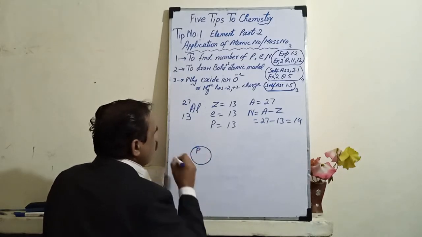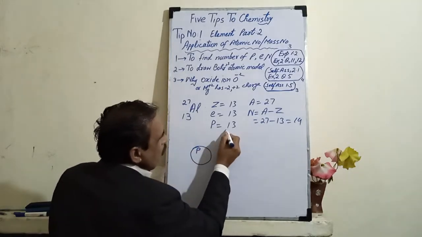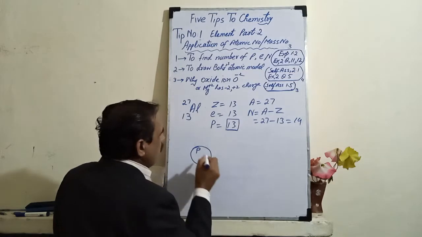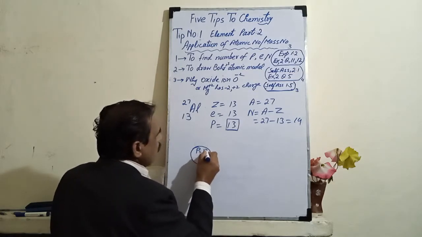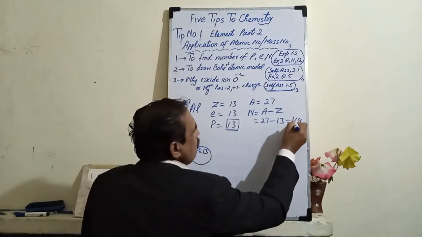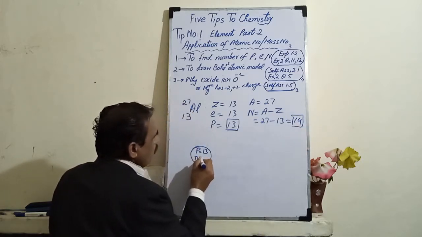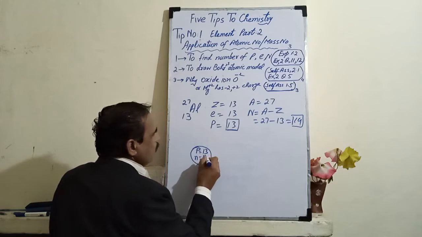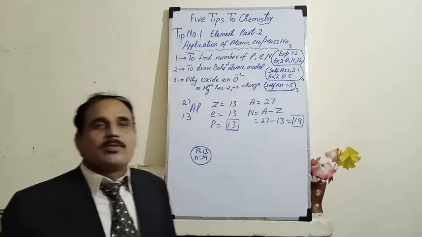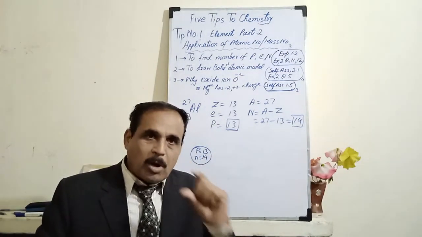Protons, you have found, are equal to 13. Neutrons, you can see, are 14. This one is the central part of an atom.